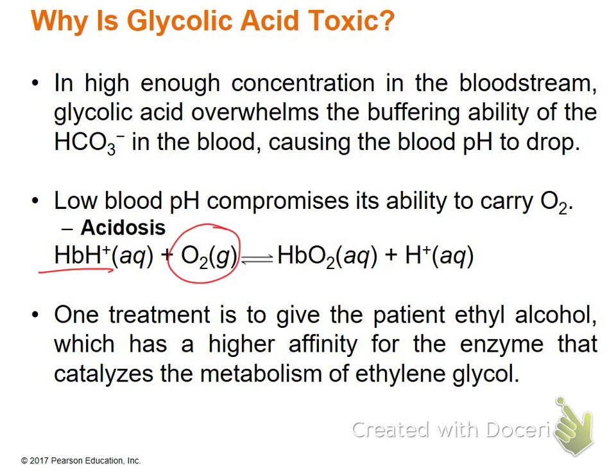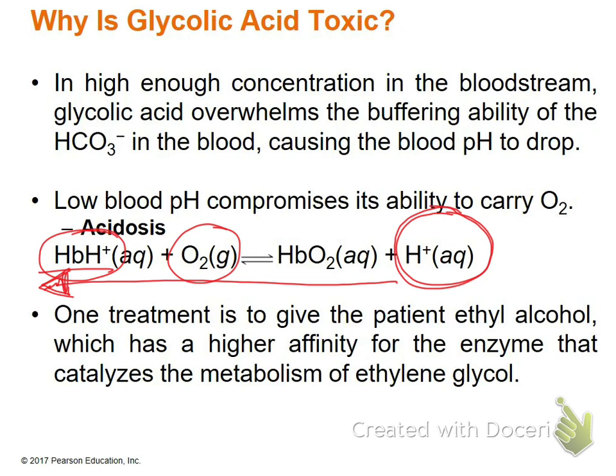So the higher the concentration of the acid, again, this is in equilibrium, based on Le Chatelier's principle, the higher the concentration of the acid will result in shifting of the equilibrium to the left, which means that it favors the formation of this hemoglobin hydrogen complex, right?